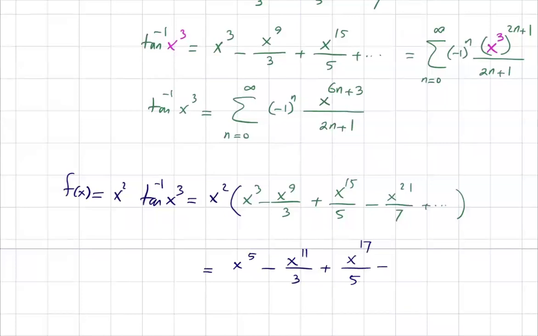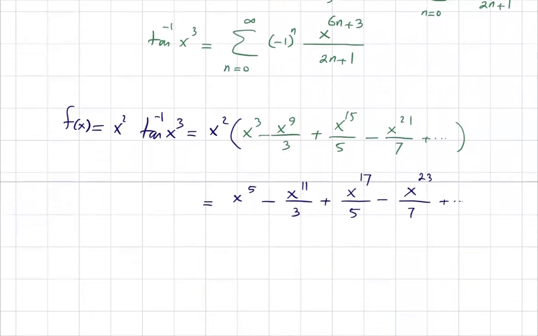So this guy becomes x to power 23 divided by 7 plus the rest of the terms, which can be written as the summation of -1 to power n x to power 6n plus 3 plus 2 divided by 2n plus 1 and start from 0 to infinity.